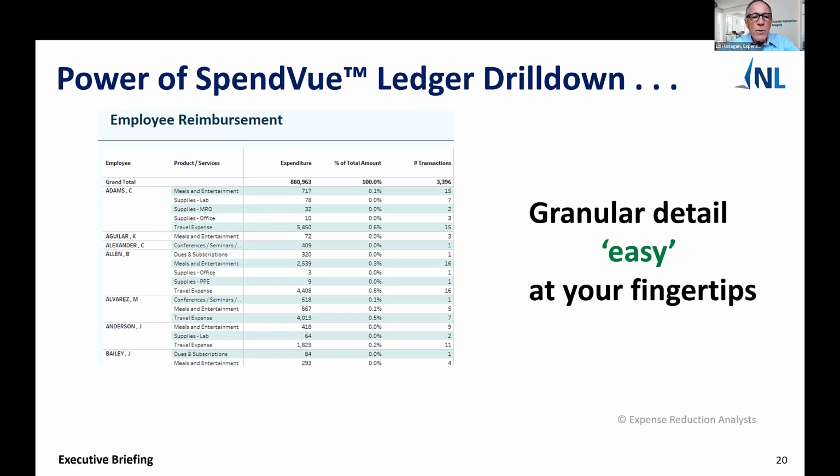So in this situation, we have employee reimbursements, and we had a situation where one of the employees was a salesperson, and we found out that their reimbursements exceeded 3 times their salary. And when the CFO heard that, she right away said, we've got to really look into that. So what we're able to do is give them that very detailed, granular data so they can see where there's things that are really out of whack, and they can explore that and get more detail.